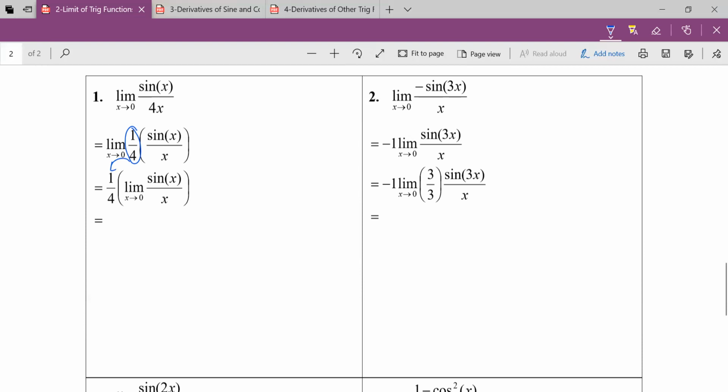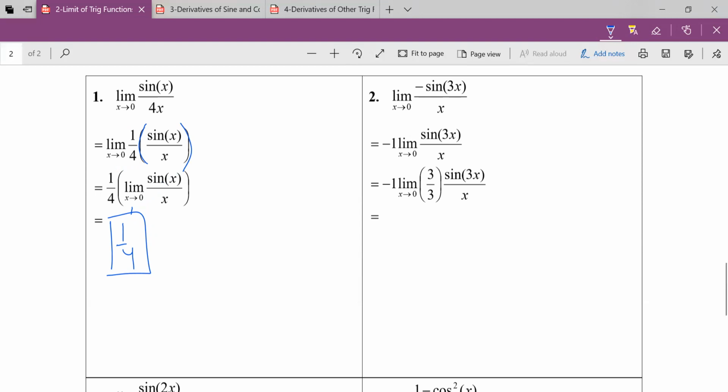Now this limit goes to 1, and so the limit of this thing is a quarter. What I'm trying to get at here is you really are trying to get what's inside these parentheses: sine x over x, or the multiple angle. Okay, not bad.